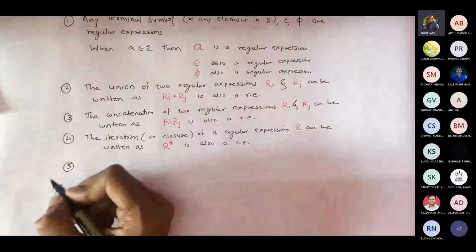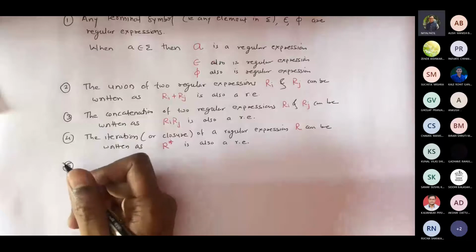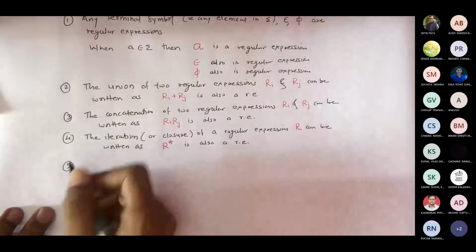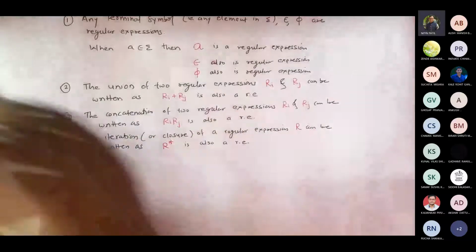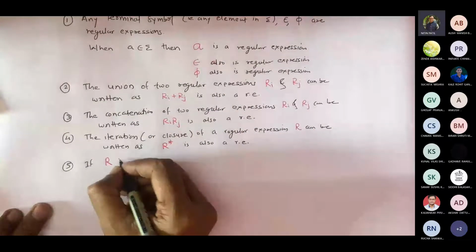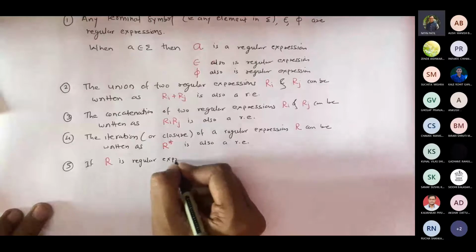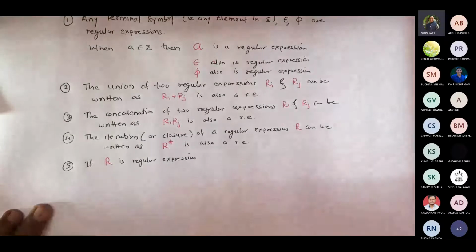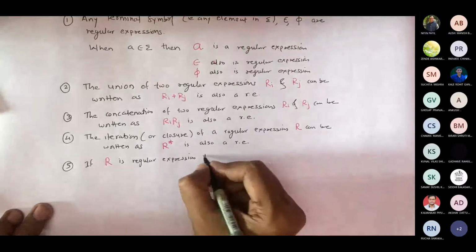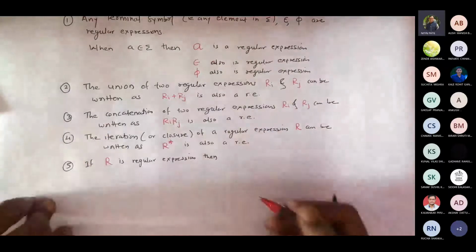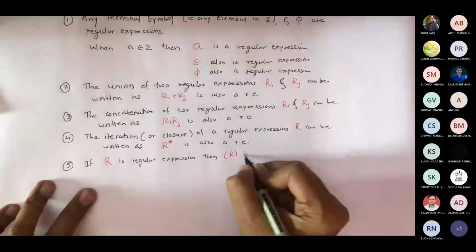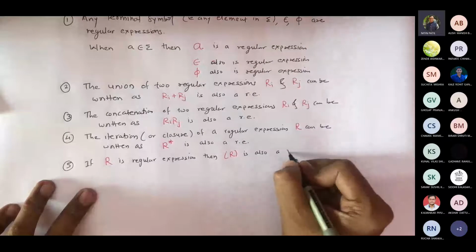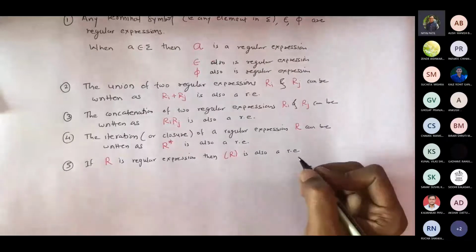Now the fifth: if R is a regular expression, then we can write this in brackets too, like this round bracket, (R), which is also a regular expression.